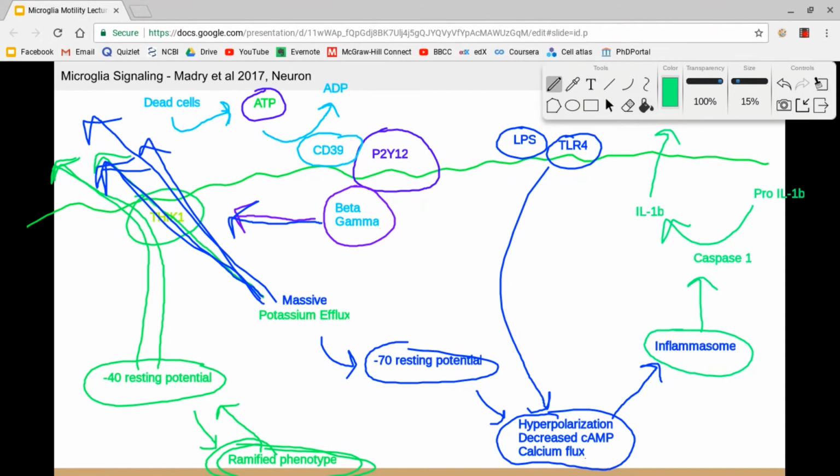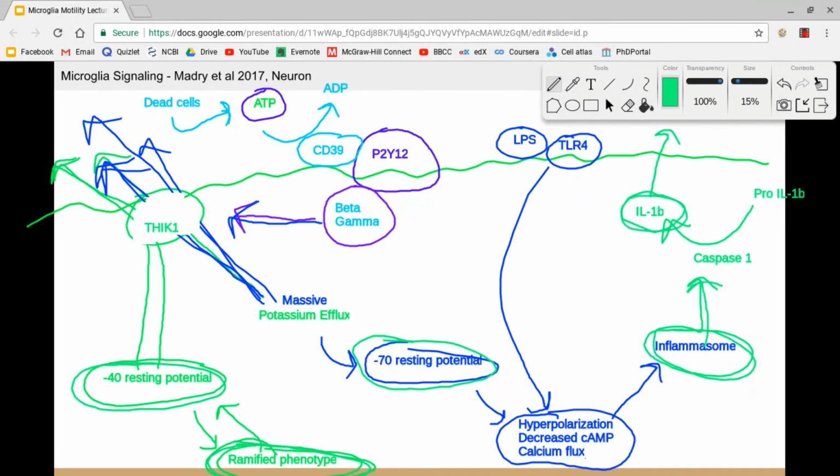So the big finding of this paper has to do with this THIK1. THIK1 is the outward rectifying potassium channel that mediates both the normal resting potential of normal ramified microglia, and it's also responsible for hyperpolarization and inflammasome formation and IL-1 beta secretion.